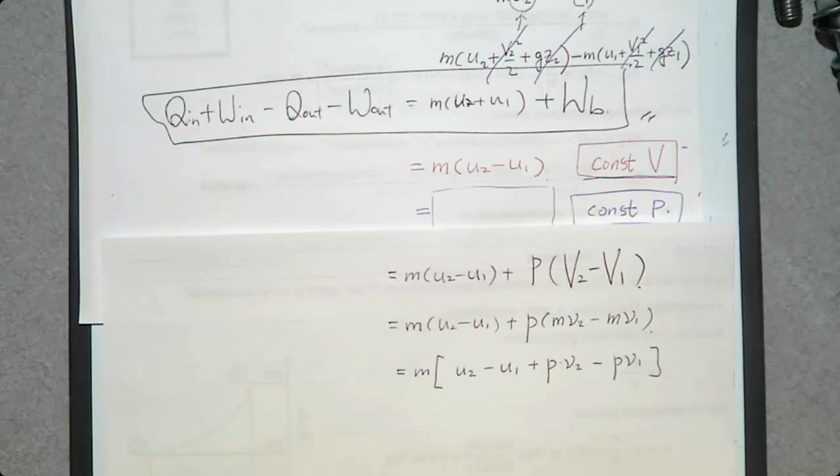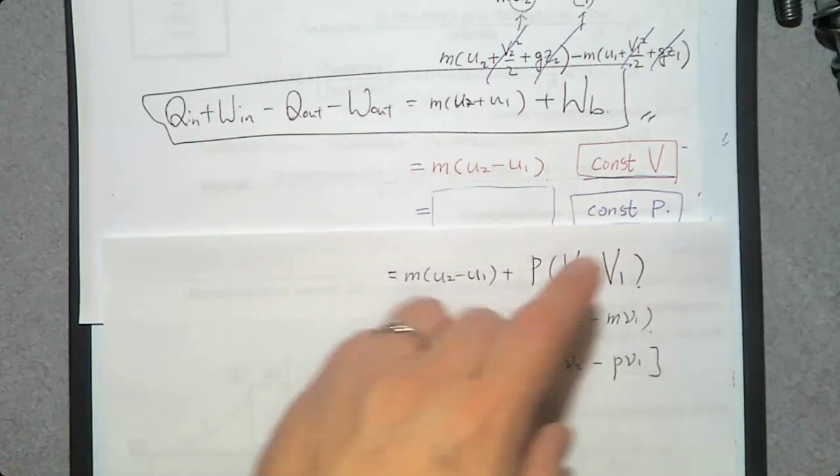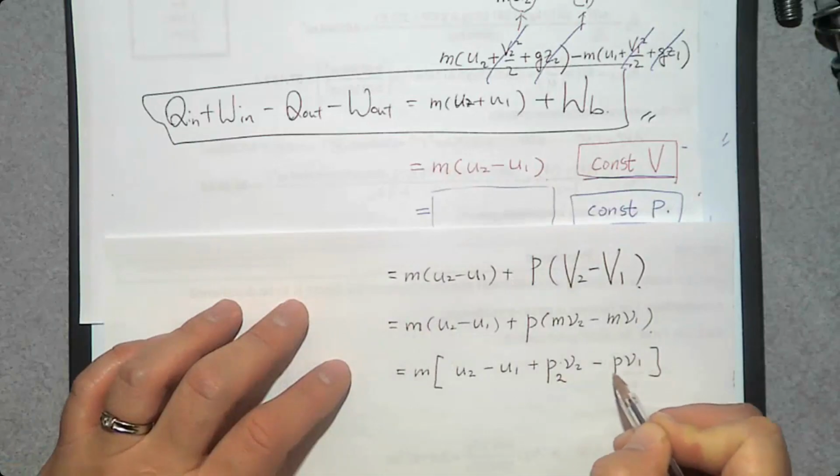It should have some subscript. We know it is a constant pressure process, so can I say number 1, number 2? Doesn't matter. So why don't we add number 2 here, number 1 here? No problem, because it's a constant pressure. P1 is the same as P2.